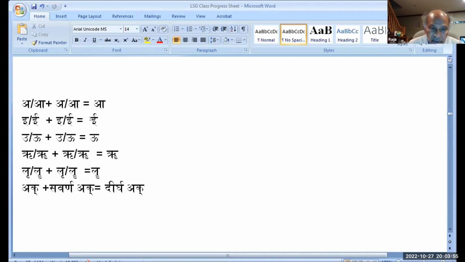Now, we also did when "a" or long "a" is taken as a pivot and we add to that "e" or long "e". We said Maha plus Ishwara, "a" plus "e", gives Maheshwara.